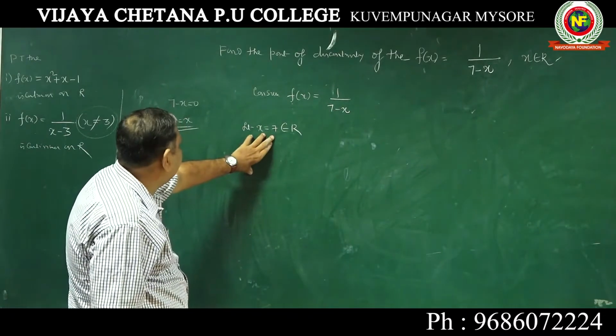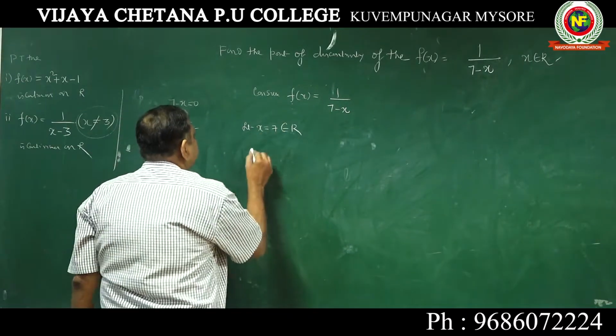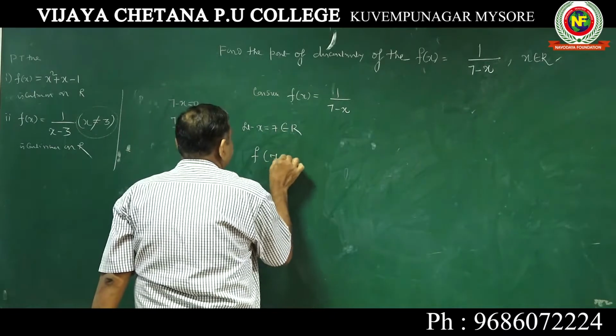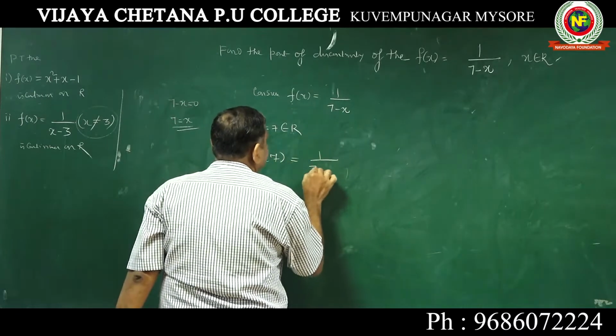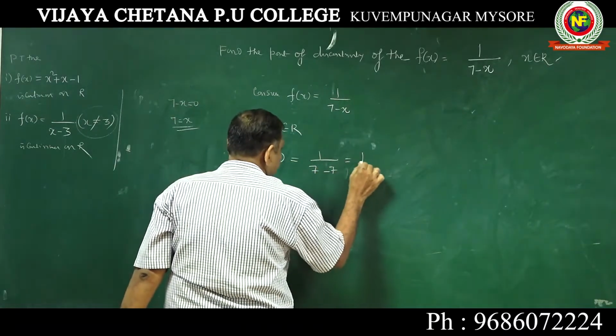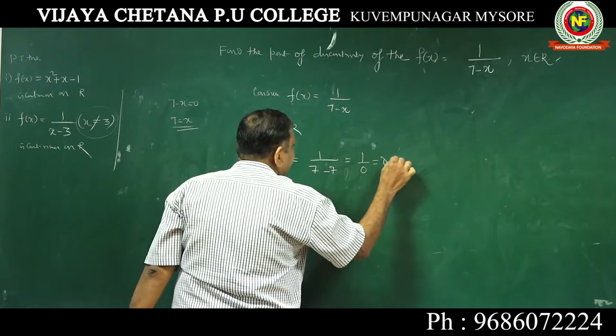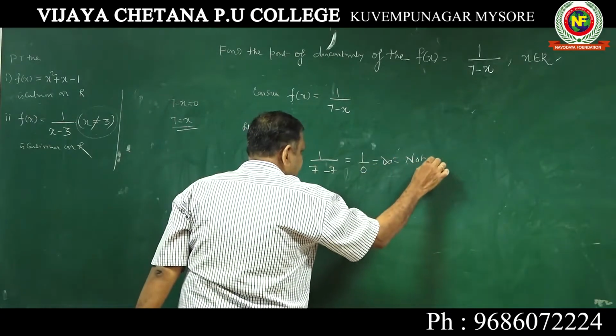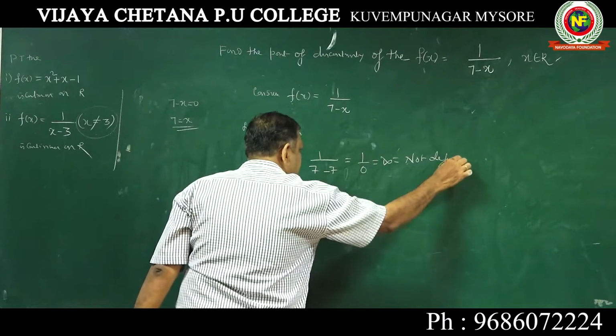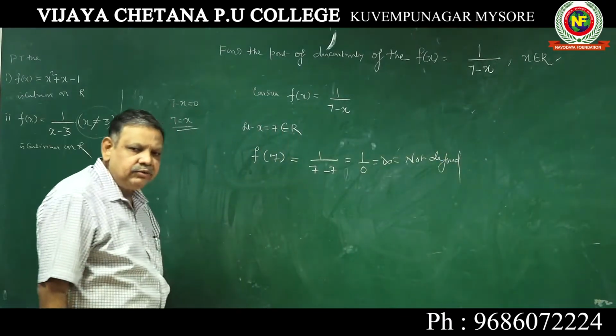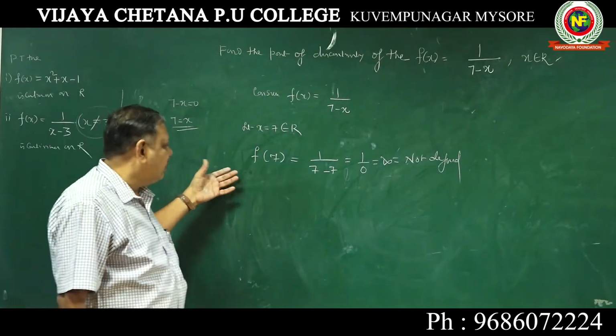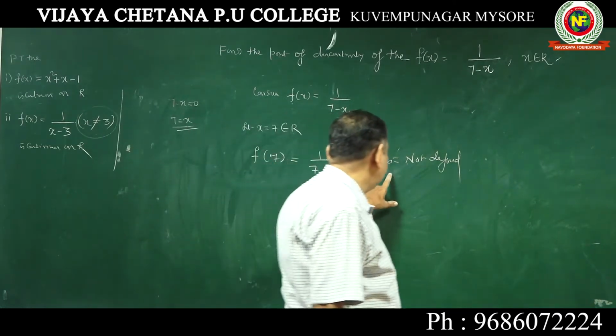Take x equal to 7 belonging to R. Then f of 7 is 1 by 7 minus 7, 1 by 0, infinity, not defined. Please note that you have to write like this.